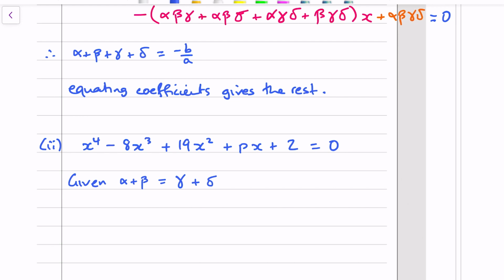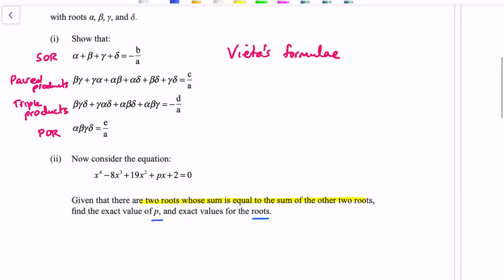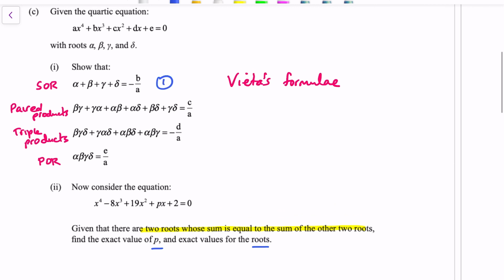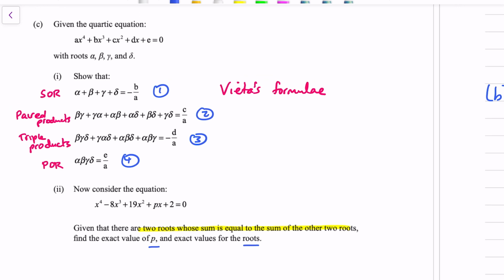So I'm going to call them equations 1, 2, 3 and 4, just so you can refer to this later if you want. So the first thing is the sum of the roots. So here we've got alpha plus beta, and gamma plus delta is the same.